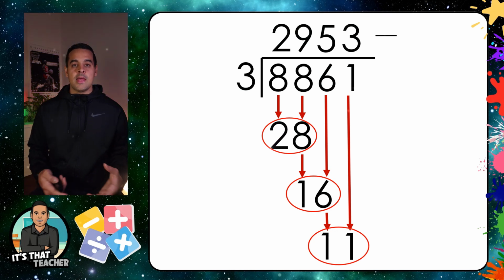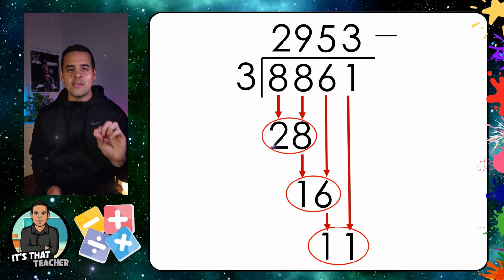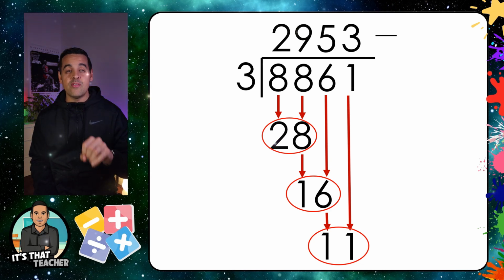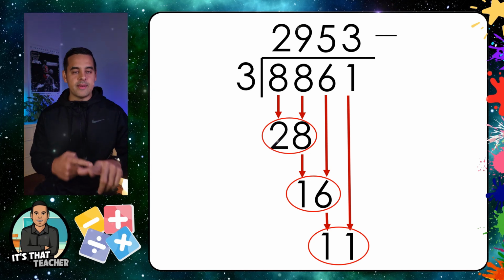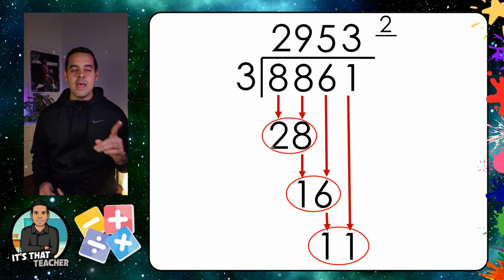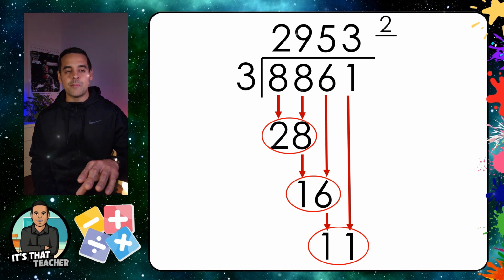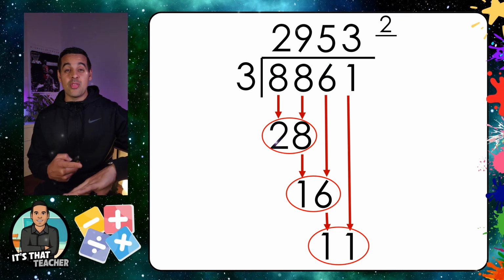That would be 3. Now the trick with remainders as fractions, or fractions as a remainder, is you have 2 remainders here because we've used 9 of 11. So we have 10 and 11, we have 2 remainders. The remainders become the numerator, the top number in our fraction. Now, the divisor in our question here is the 3.